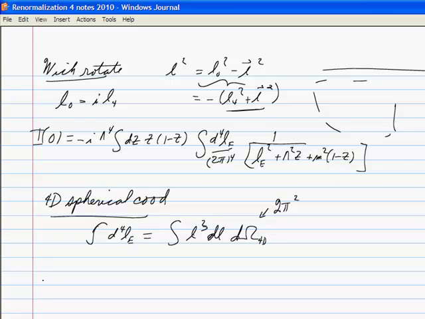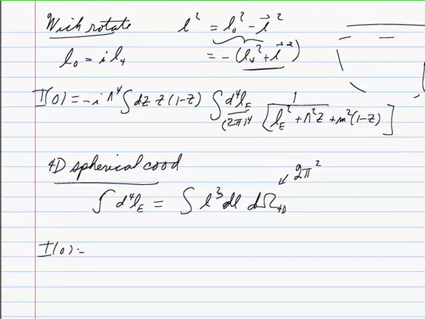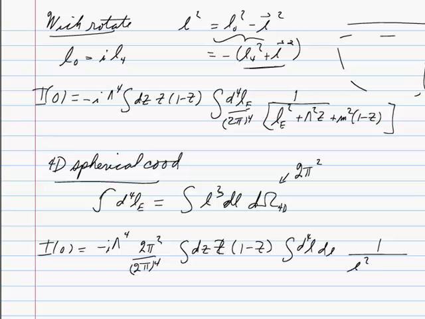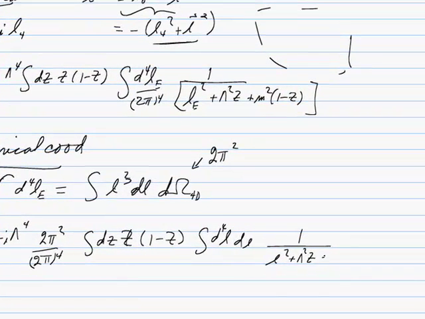And so my integral now becomes minus i lambda to the fourth, 2 pi squared over 2 pi to the fourth, integral dz z (1 minus z), integral d4L dL 1 over L squared plus lambda squared z plus m squared (1 minus z).